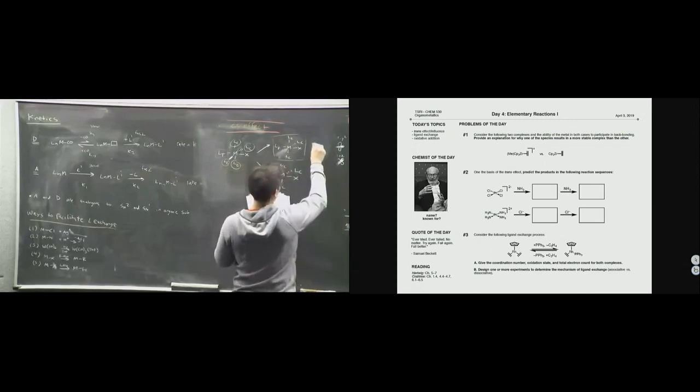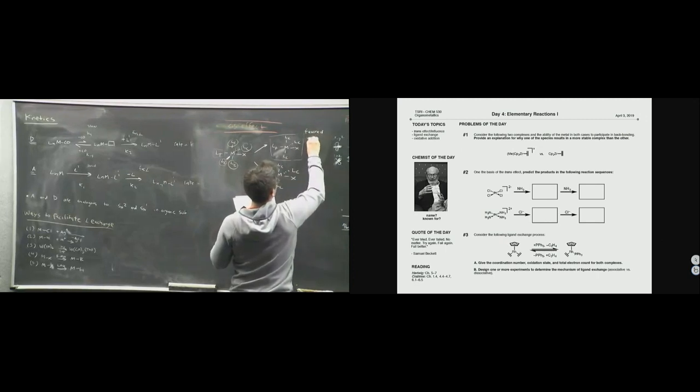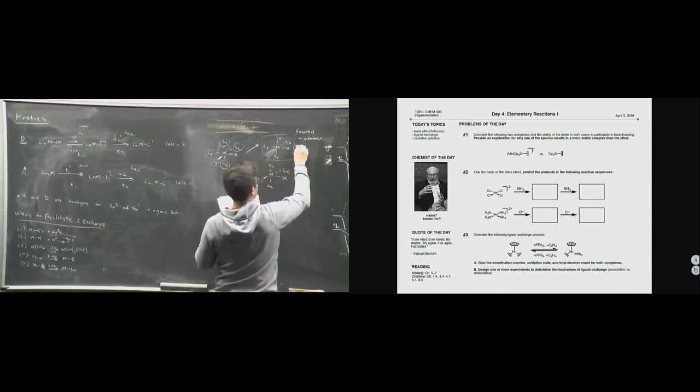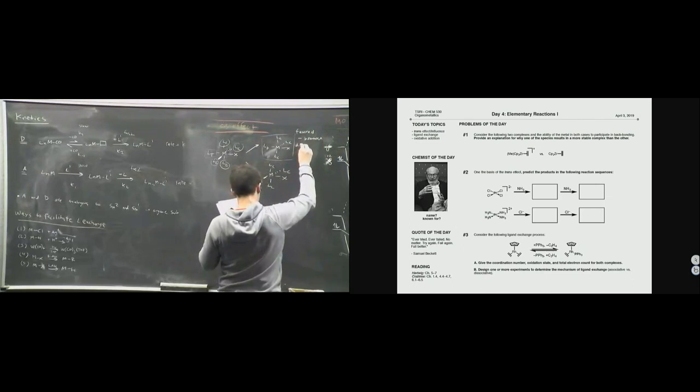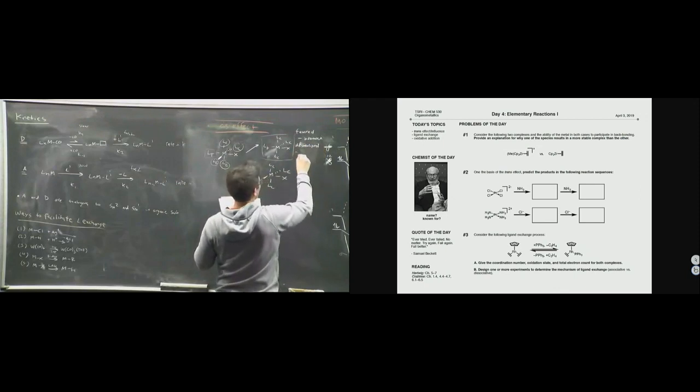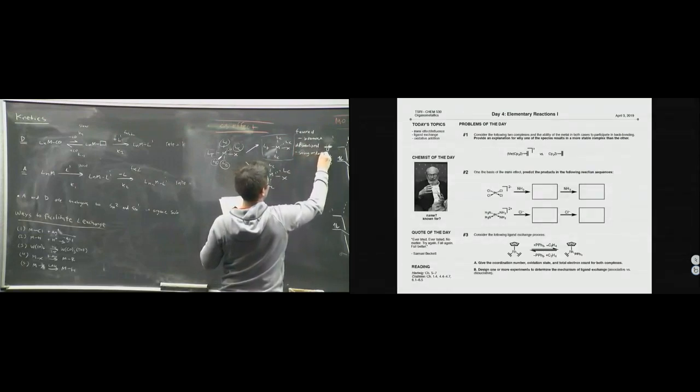This is going to be favored by bidentate X, or at least ligands that can be bidentate, and destabilized by strong sigma donors and strong pi acceptors.